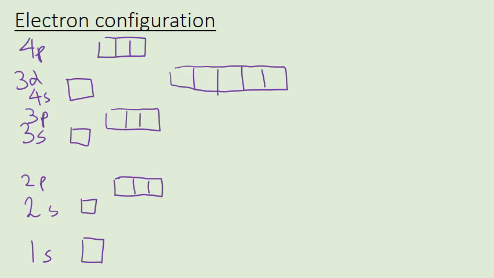So if we want to look at an element, let me pick a random element from the periodic table, calcium. Calcium has a mass number of 40.0 and has 20 protons. So the electron configuration of a calcium atom would have 20 electrons.